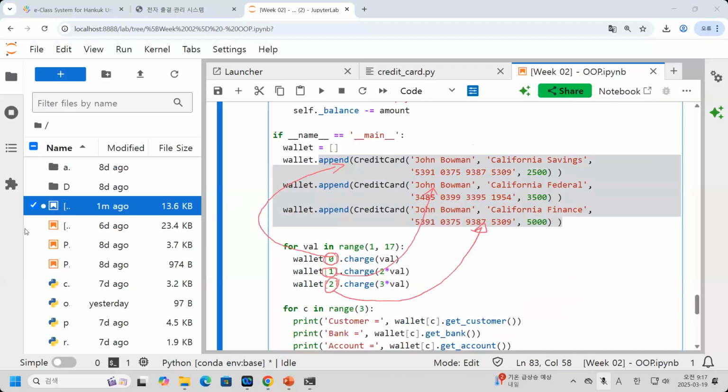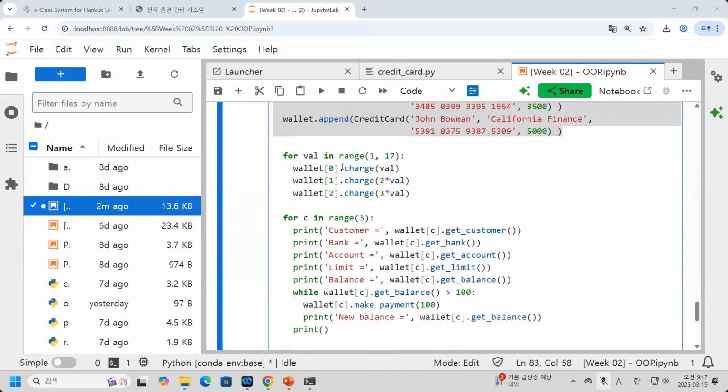Okay. Now this is just a simulation. Suppose the credit card number one, I think the person uses it with a certain value. So this value is any number generated from 1 until 17.